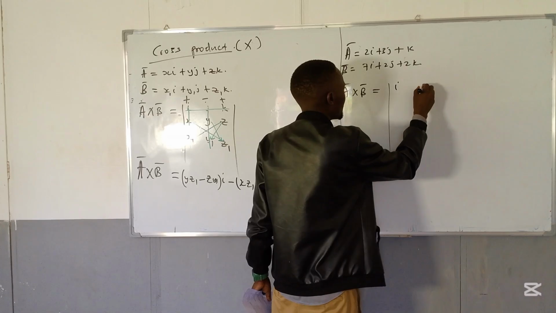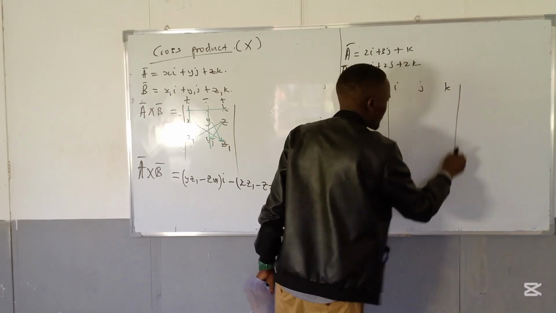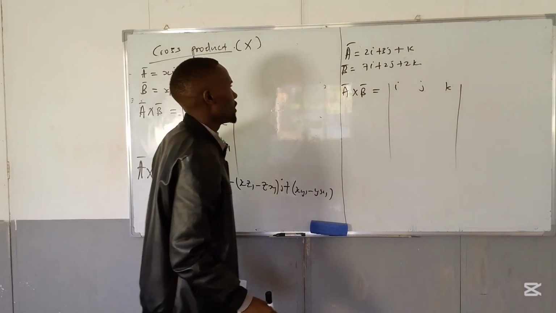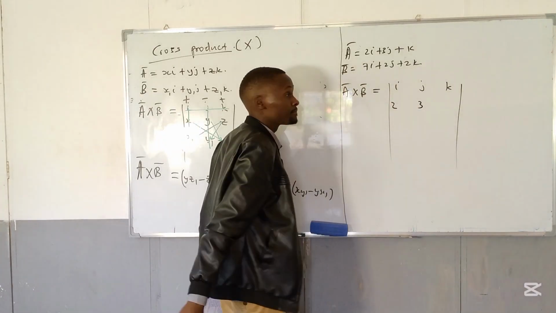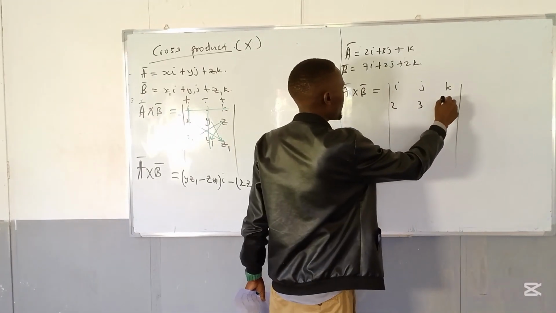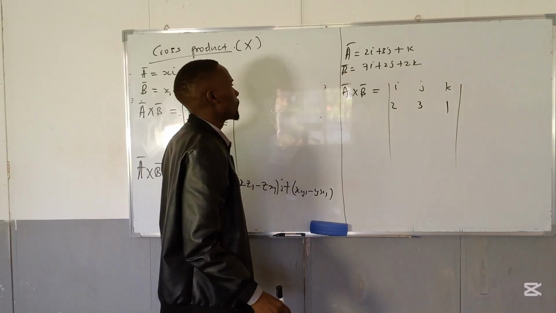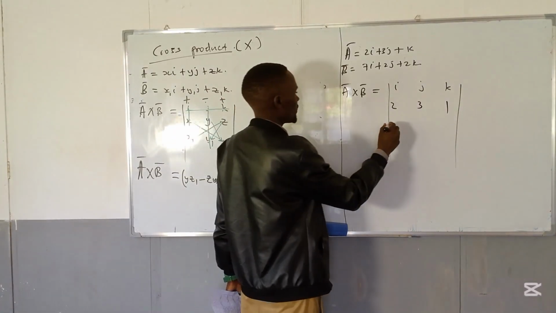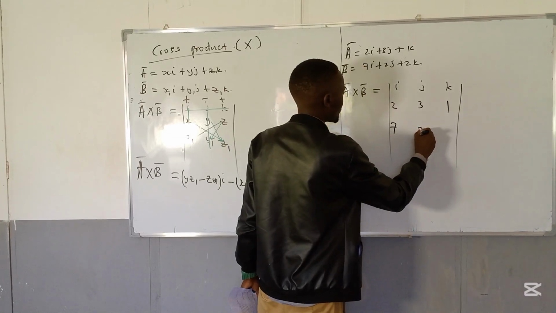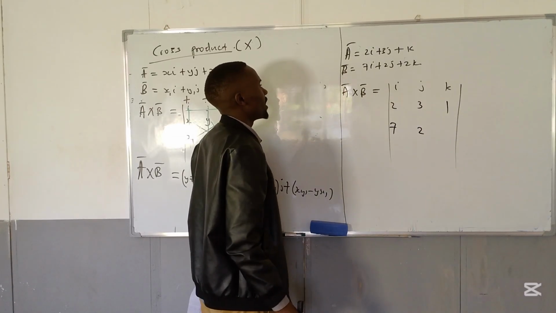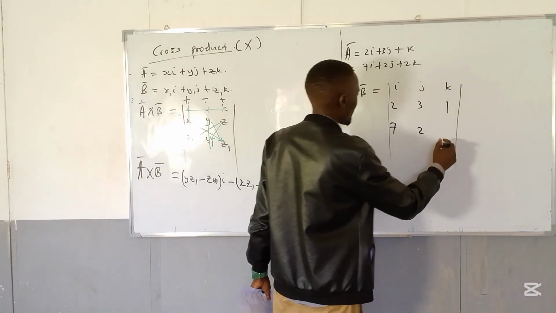This is i, j, k. Then the values here we have 2, 3, and 1. For B we have 7, 2, and 2.